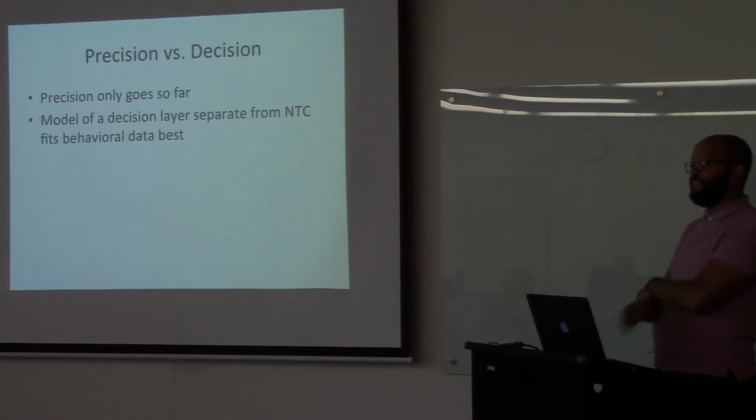So if you make the number comparison task a two-step task, where you evaluate the numbers with the neural tuning curves and then have a decision layer that can be either very loose or very tight, that models the behavior on the comparison task a lot better, even if you're taking the data from the estimation task.